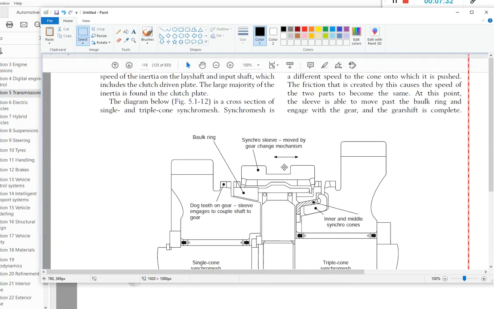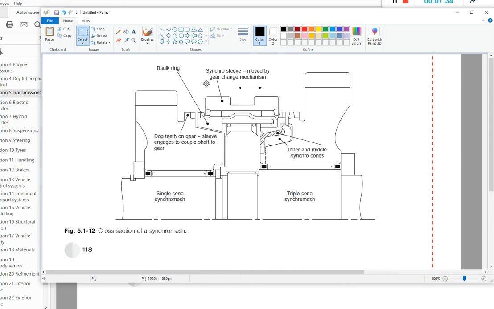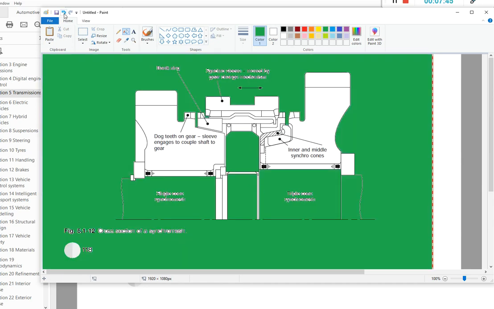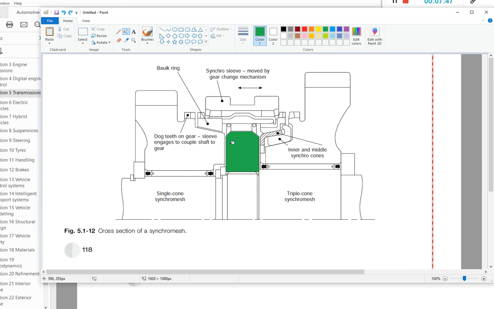Paste, okay, and so again we have, and not all parts are labeled in this figure, the spline hub of the synchronizer.